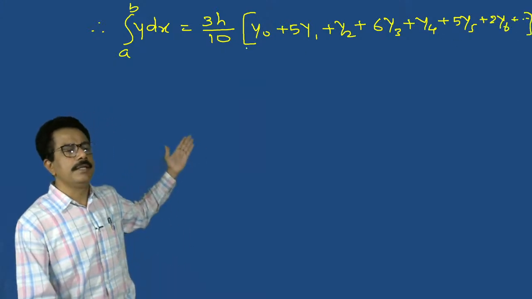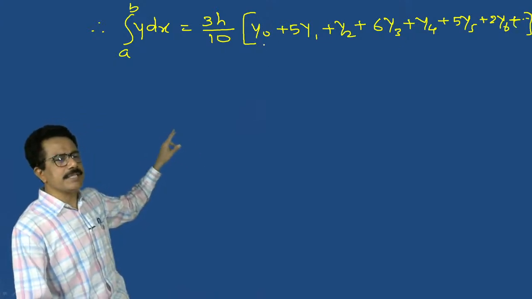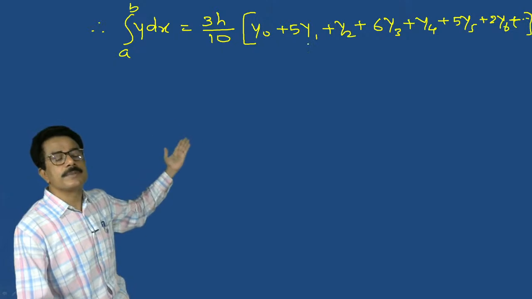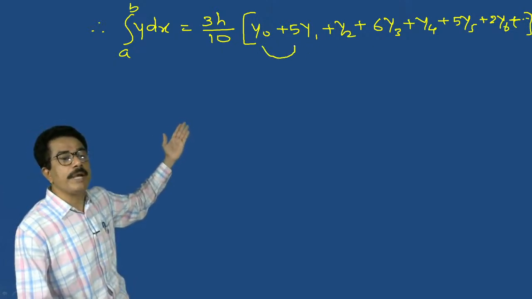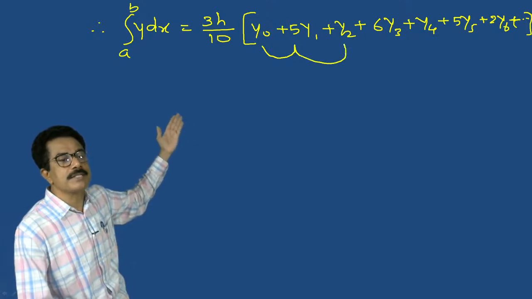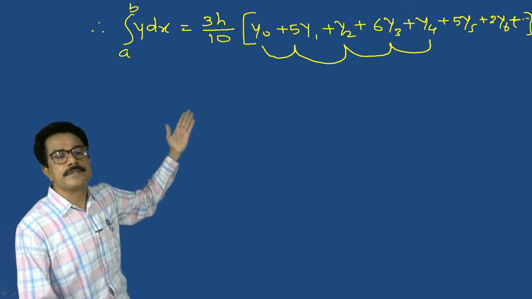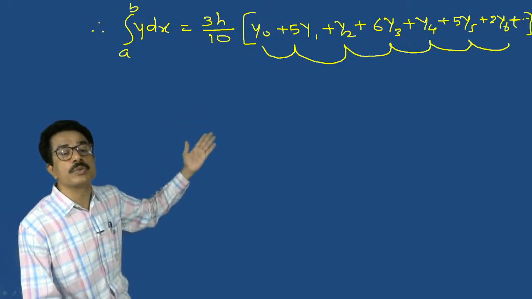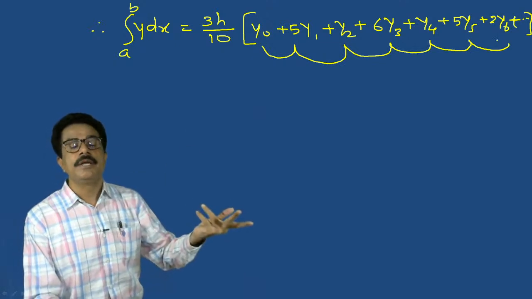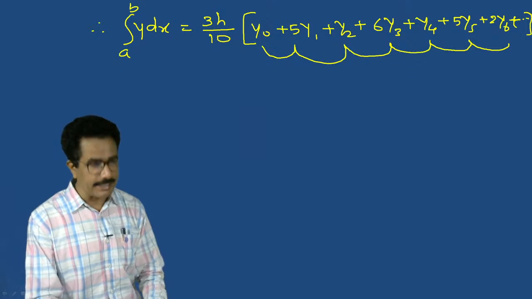Again there is a repetition: y6 plus 5 times of y7 plus y8 plus 6 times of y9 plus y10 plus 5 times of y11 plus 2 times of y12. In this way again we can write the repeated terms.